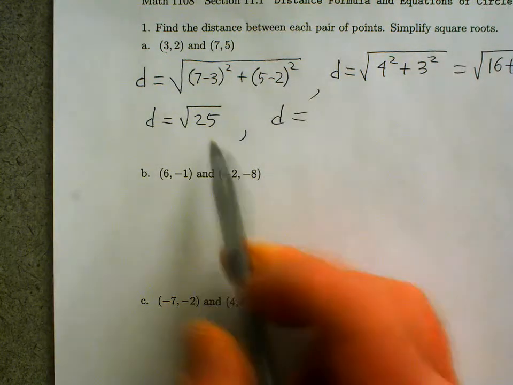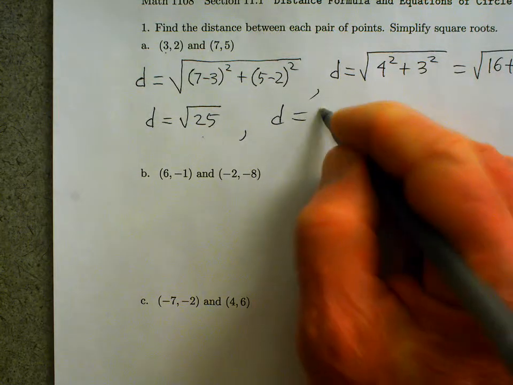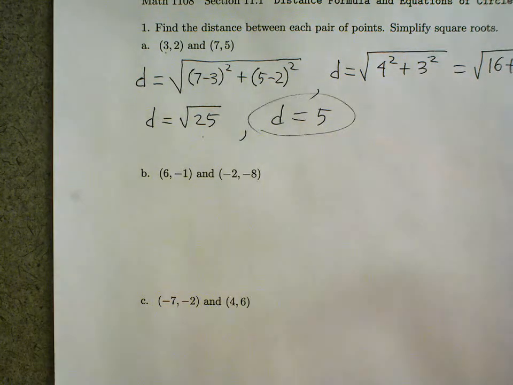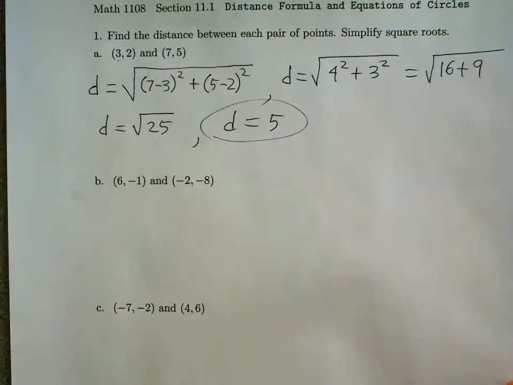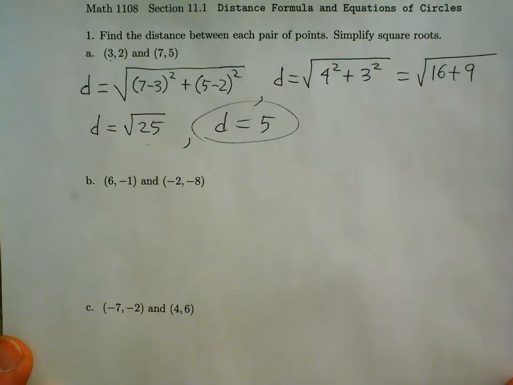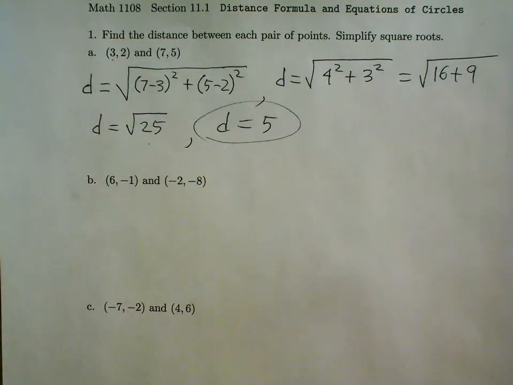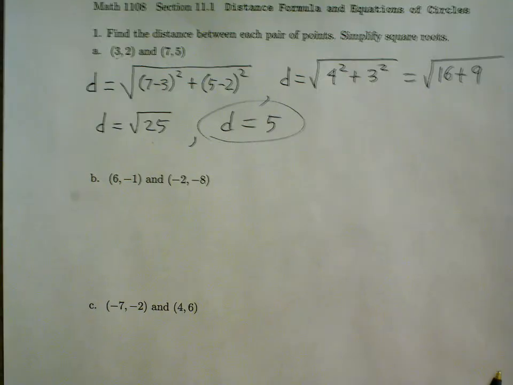And the square root of 25 simplifies to 5. So the distance between those 2 points is 5 units. So that's all there is to it. Let's do the next example.